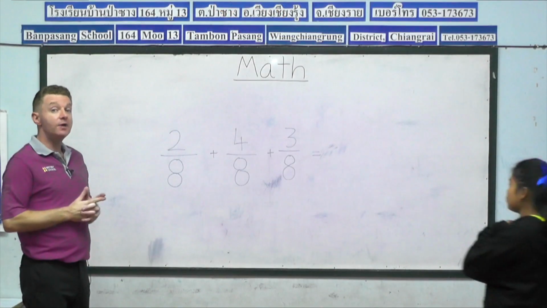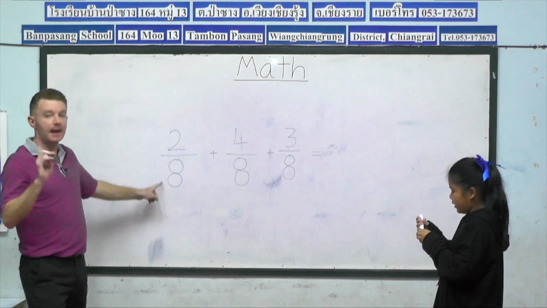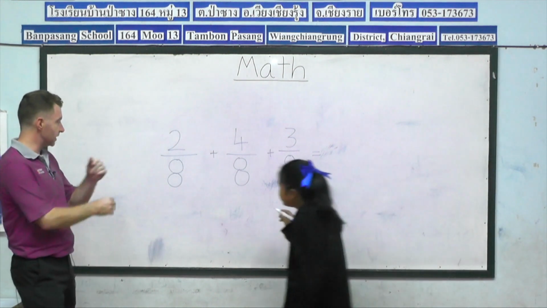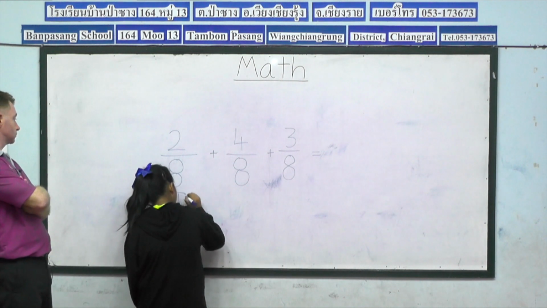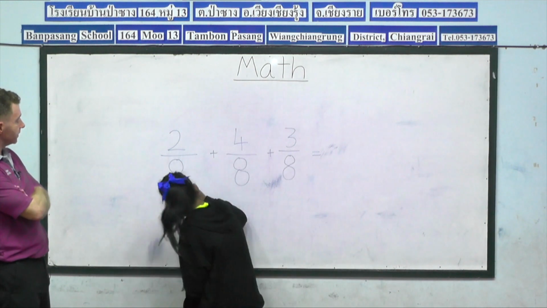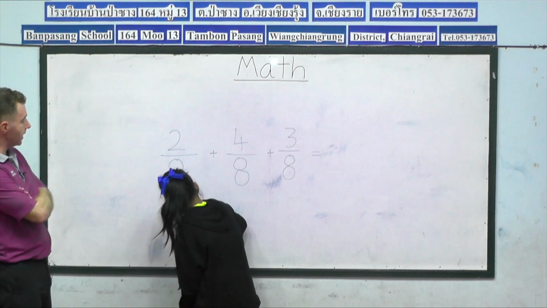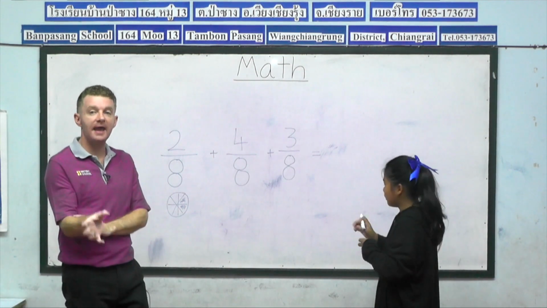So first of all, we need to draw our circles. And how many parts to our circles, guys? 8. So Lacau, the first circle is 2 over 8. So 2 parts need to be coloured in blue. Excellent. Now on to our next circle, 4 over 8.